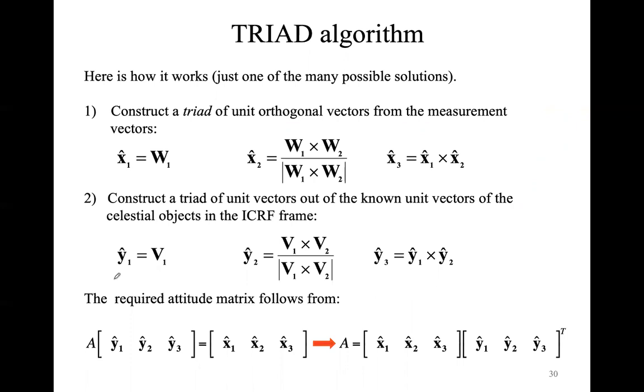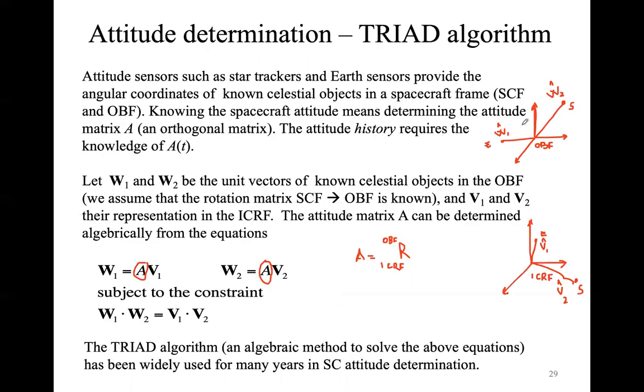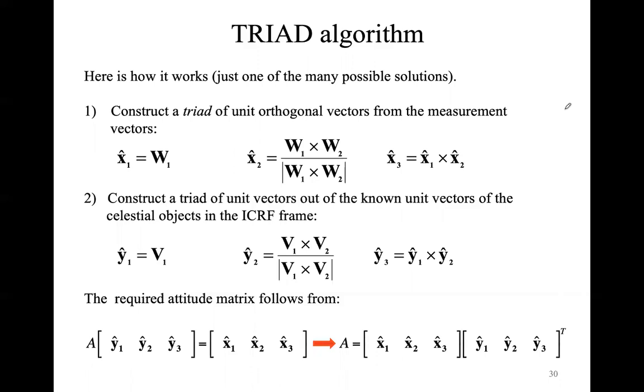So the TRIAD problem consists in considering one of the 2 observations, the main observation. So assuming that W1 is equal to X1. And we construct a triad.